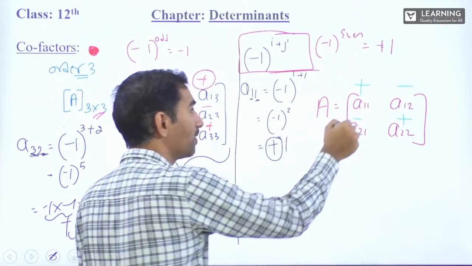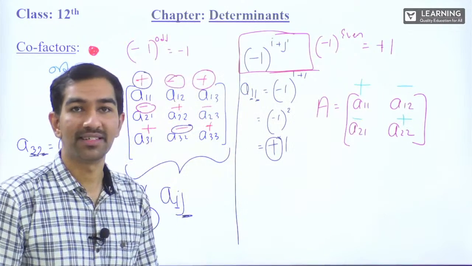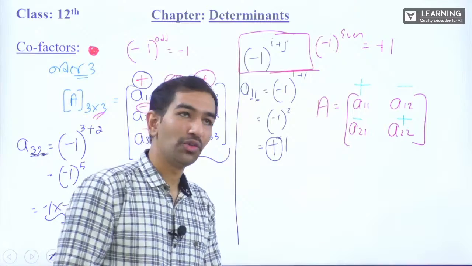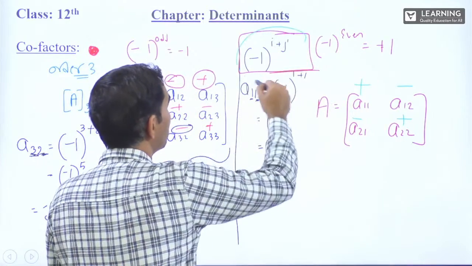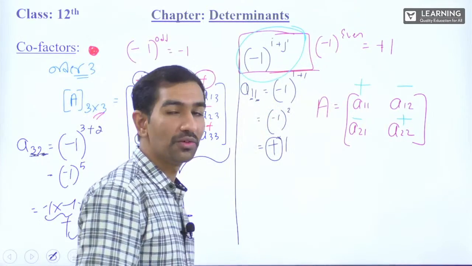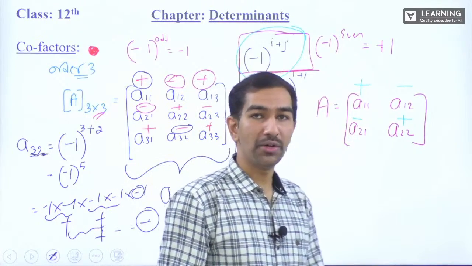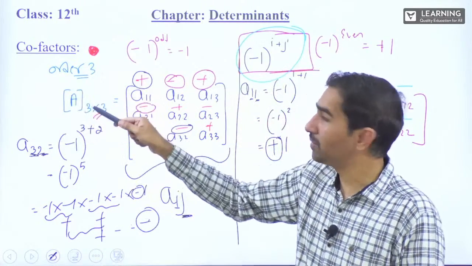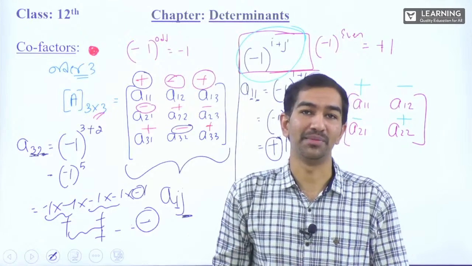So these are the cofactors of a 2 cross 2 matrix. Understanding? So you have to remember this formula for cofactors. So why did we go to cofactors? Because this is used to evaluate the 3 cross 3 determinants.